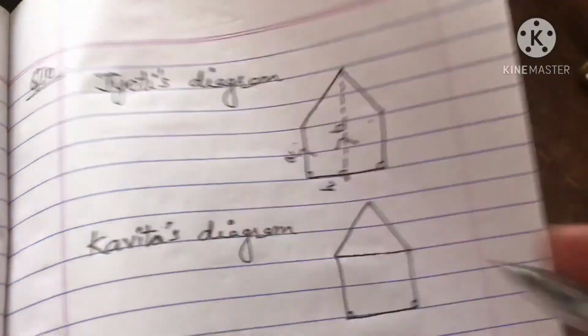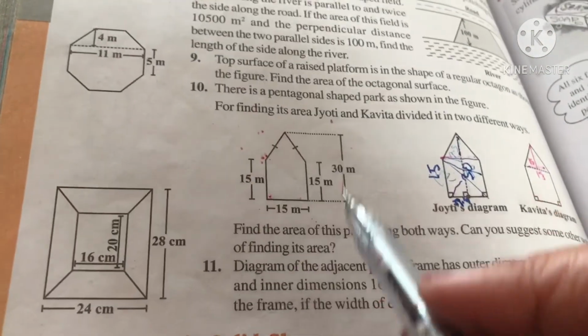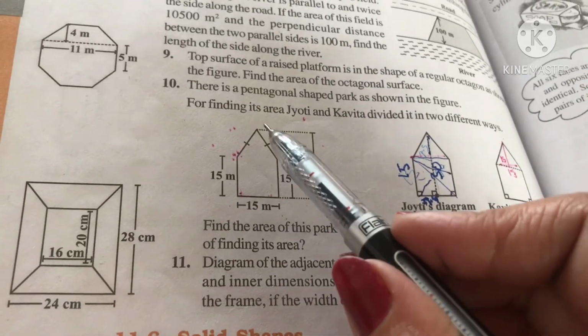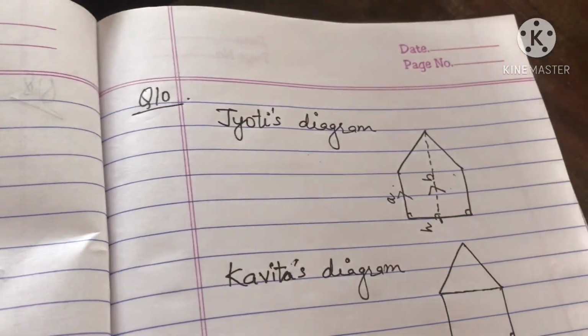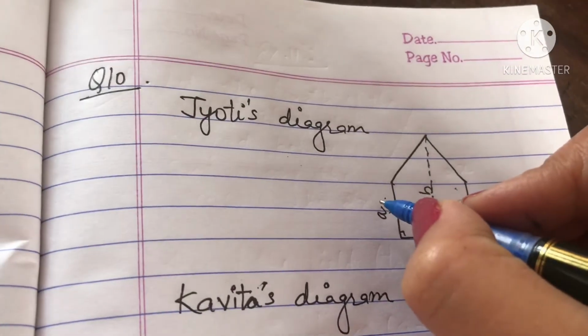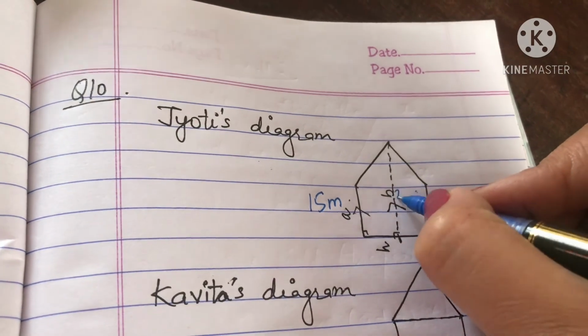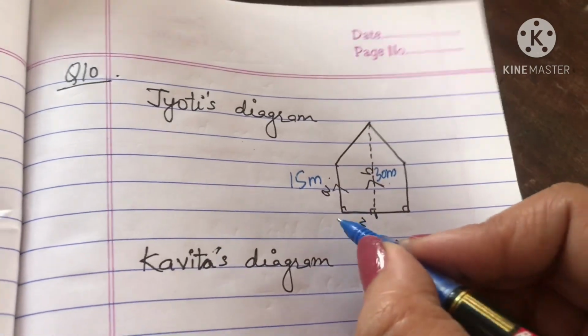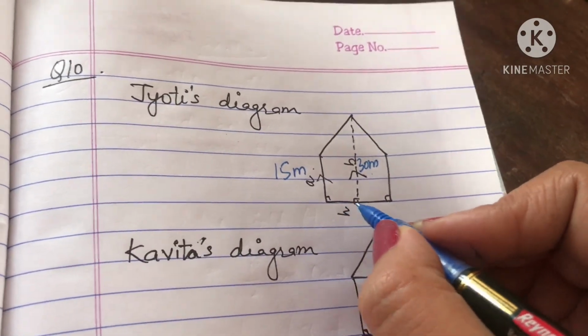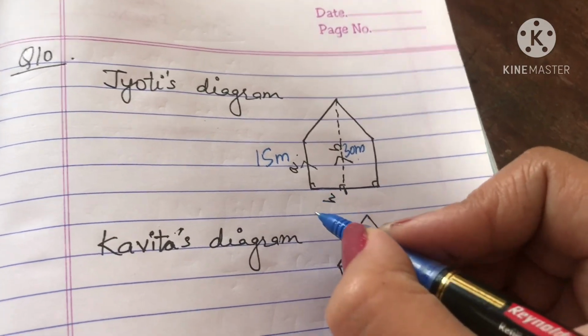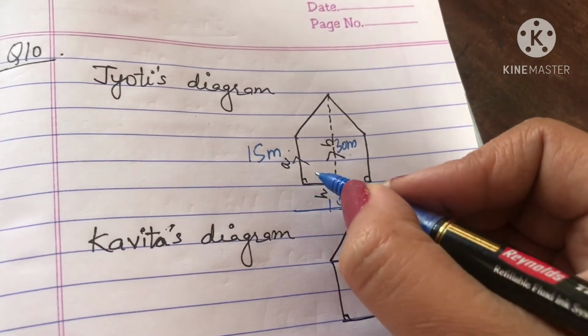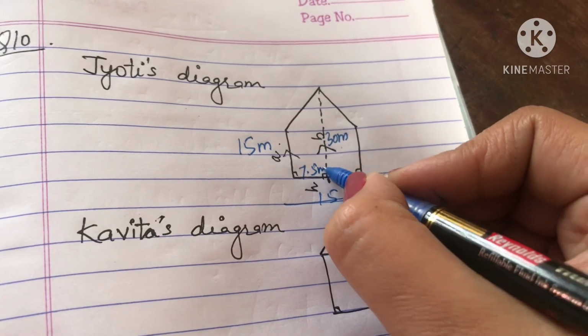Now let's see the measurements. See, according to this, this is 15, this total is 30. So here A is going to be 15 and B is going to be 30, and this portion is also given 15. Now this full is 15 and divide it into half, it will be 7.5 meter.